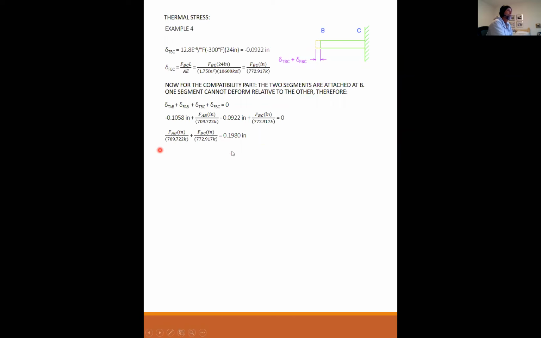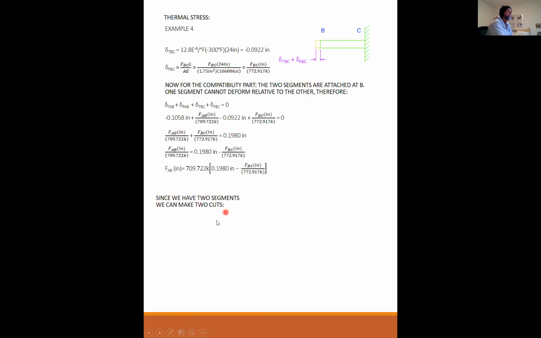So this is one equation, but I have two unknowns. And then I took this onto this side. So now I'm solving for FAB in terms of FBC. I'm just doing this one step at a time. And then I multiply each side by 709 so that I get FAB is equal to all of this.